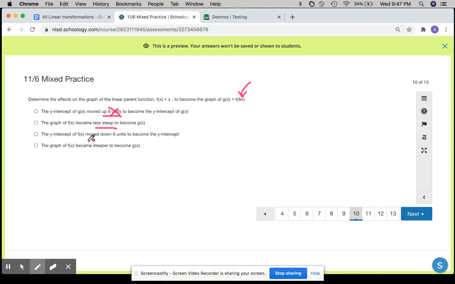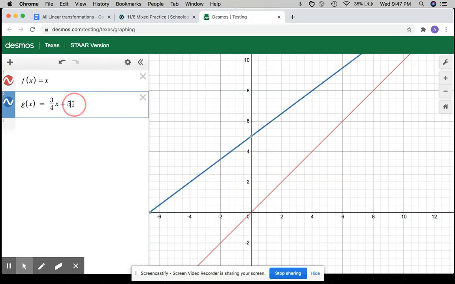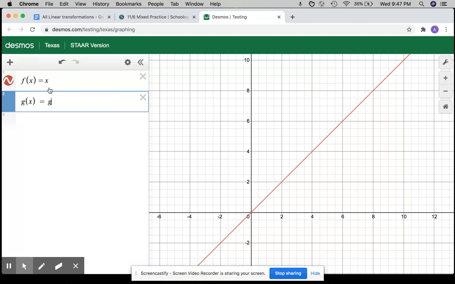The y-intercept of f of x moved down 8 units. That's not correct. The graph of f of x became steeper. So you want to recognize when you have 8 multiplied with x, what is that going to look like on your graph? So let's go ahead and graph that. f of 8x.